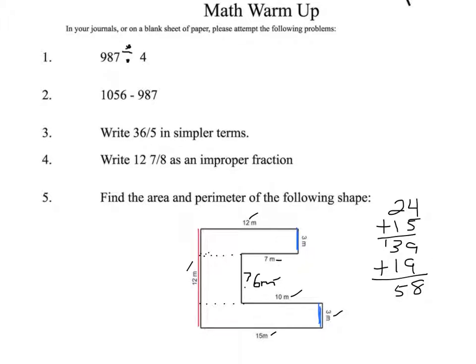Plus 7 and 3 is 10. 68. 68 is our perimeter, or all the way around the thing.